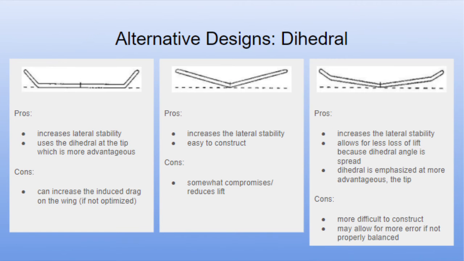Moving on to the alternative designs for the dihedral, I saw a lot of advantages for the polyhedral, which is the design further to the right, but it was a difficult build, and for this glider project it was more so just a minimum success, so I wasn't looking to make things too complicated.